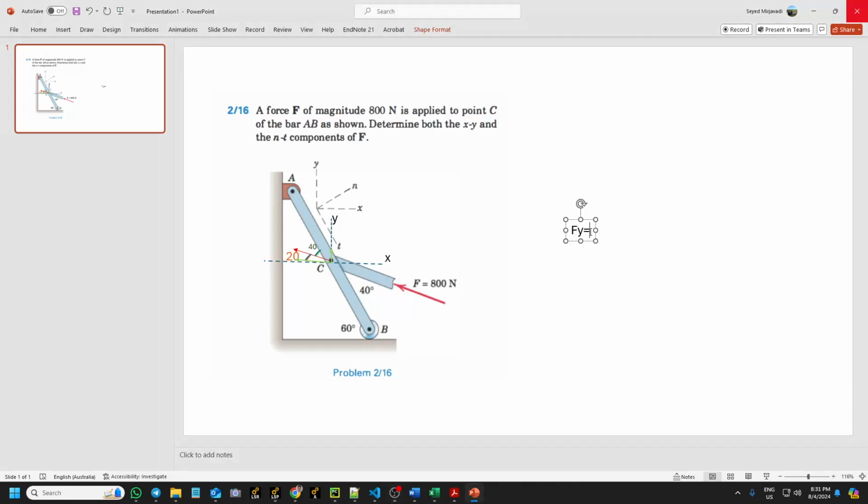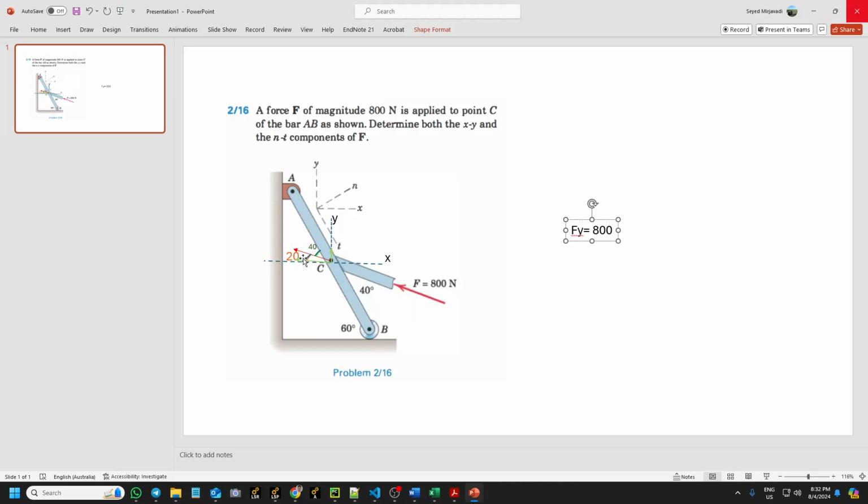So Fy is equal to 800. You just need to have one angle with respect to X or Y. You don't even need to calculate this angle, which is 40 plus 20, 60, and this is 30, so the angle of F with respect to Y is 70, but we don't need that.